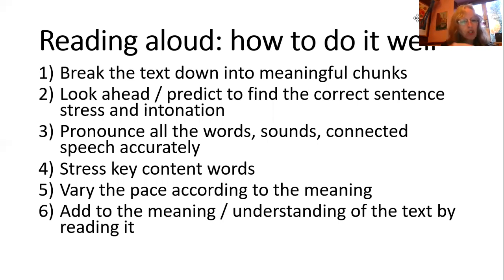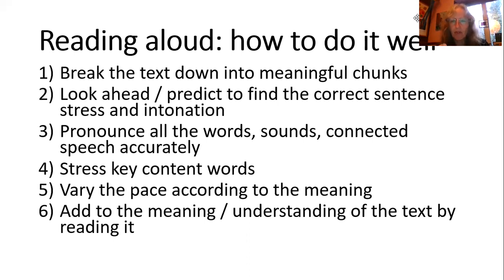Number 2, your brain needs to look ahead and predict what's coming next in order to get the correct sentence stress and intonation, because you don't know where to stress the word and how to use intonation unless you know what's coming next. Number 3, you also need to work on the words and the sounds and the connected speech as you're reading so that you're pronouncing it well. That's also difficult.